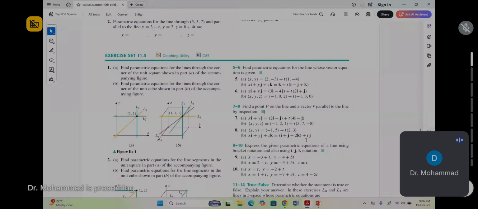Just take problem number 8b. So this is xi plus yj plus zk equals i plus j minus 2k plus tj. So what we need, we can simply find a point on this line.